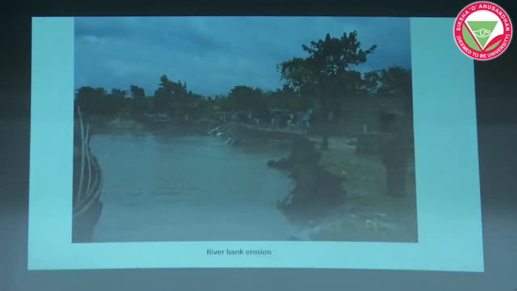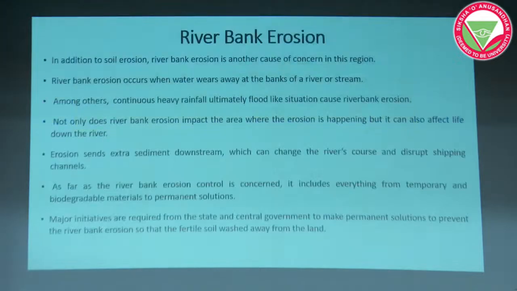Now another thing is river bank erosion. When flooding is there, the banks are eroded, and so many fertile lands are lost. In Bangladesh, the Padma and Meghna have encroached 2 kilometers into the land. Even in Odisha and West Bengal also. So this also has to be taken as a very serious issue.